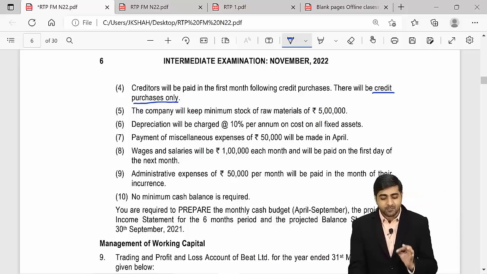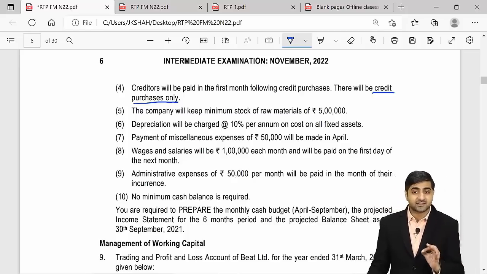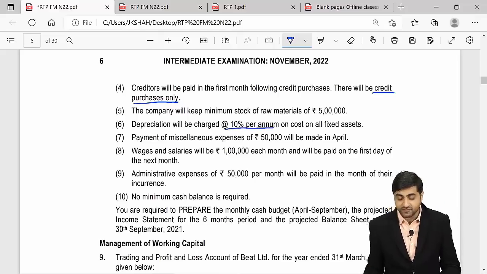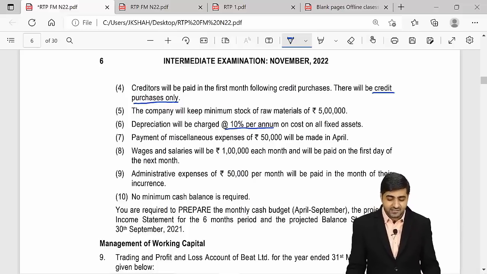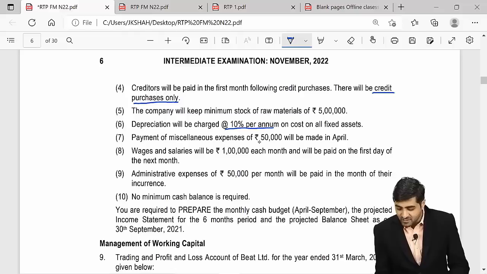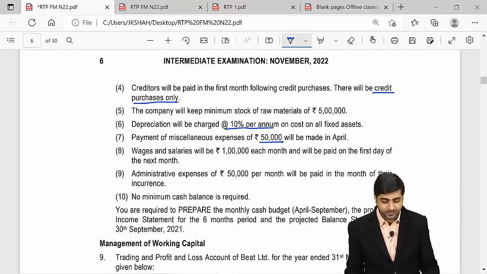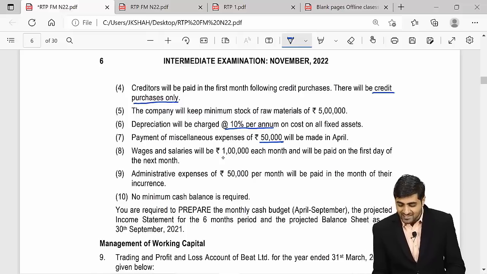The company will keep minimum stock of raw material, and that is nothing but 5 lakhs, and depreciation will be charged at the rate of 10% per annum on cost on all the fixed assets, and payment of miscellaneous expenses will be rupees 50,000 which will be paid in the month of April, and wages and salaries will be rupees 1 lakh each month, and it will be paid on the first day of the next month.